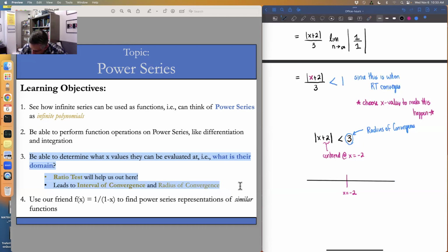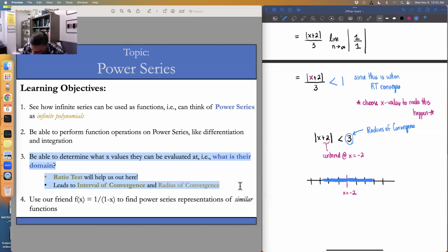So again, because the radius of convergence is 3, we can reach out 3 units in each direction and grab x values that we also know will lead to a convergent series.